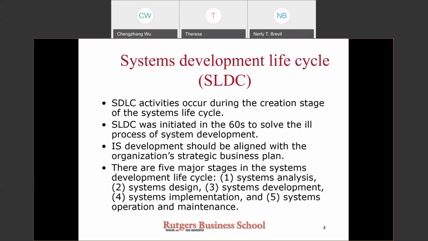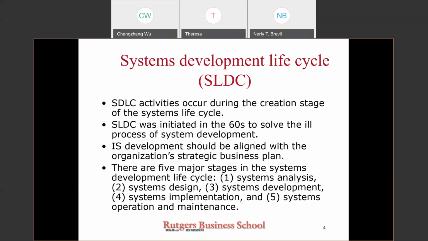Ideally, the information system plan should be aligned with the organization's strategic business plan. Information systems play a critical role in the success or failure of a business and should be seen as an integral part of an organization's business plan.